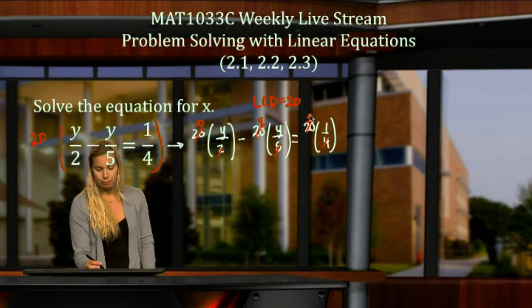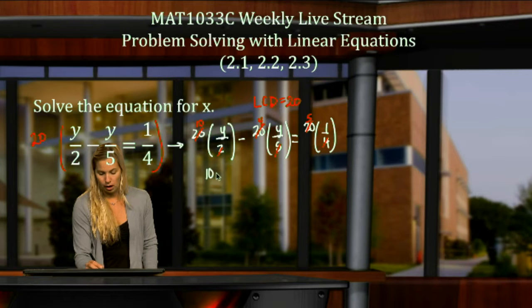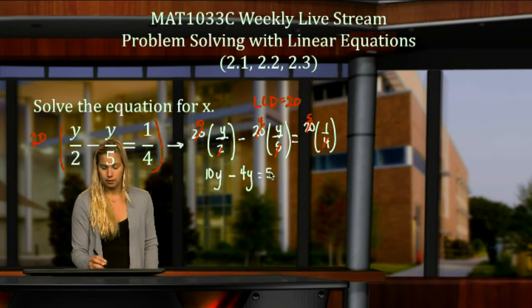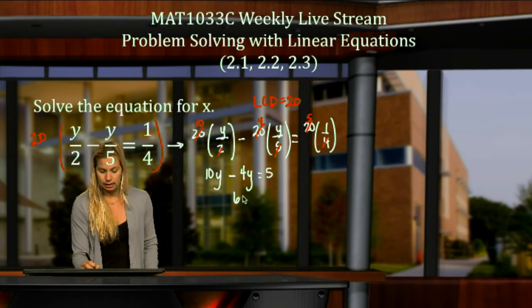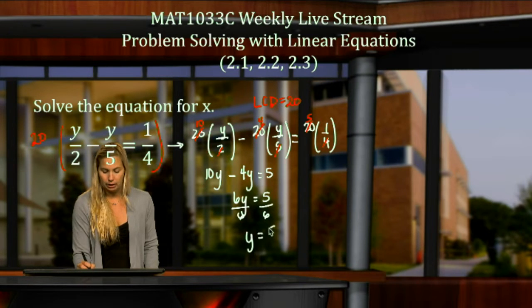From here, I can simplify. 10 times y is 10y, minus 4y equals 5. Combining like terms, 6y equals 5, and then finally divide both sides by 6. We get y equals 5 over 6.